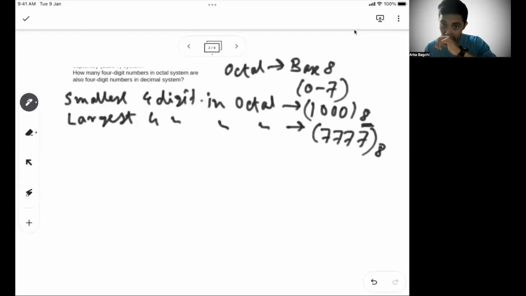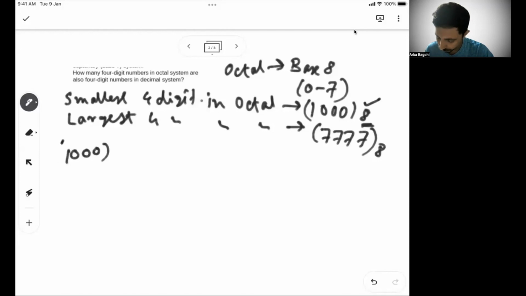So between 1000 and 7777 in octal, how many of these are actually 4-digit numbers in decimal system? Because they said how many 4-digit numbers in octal system are also 4-digit numbers in decimal system. So first, let's see the smallest 4-digit number in octal system we know, and what the equivalent of that is in decimal system.